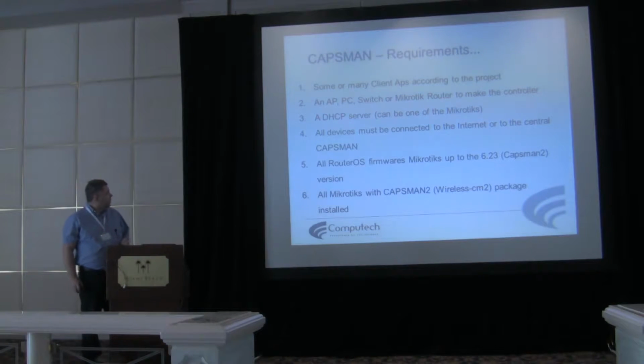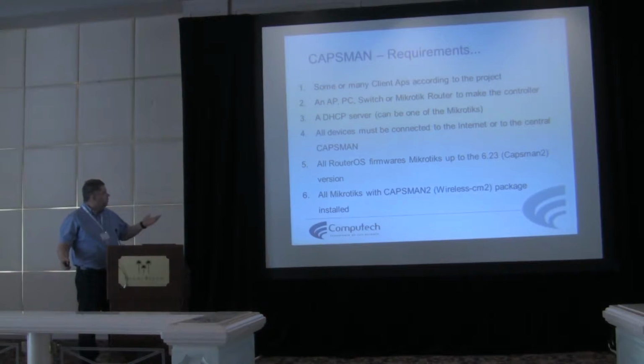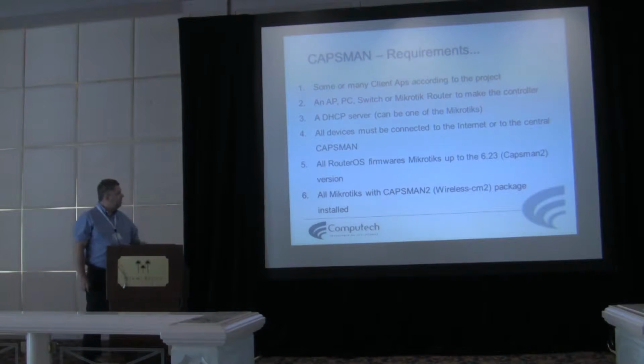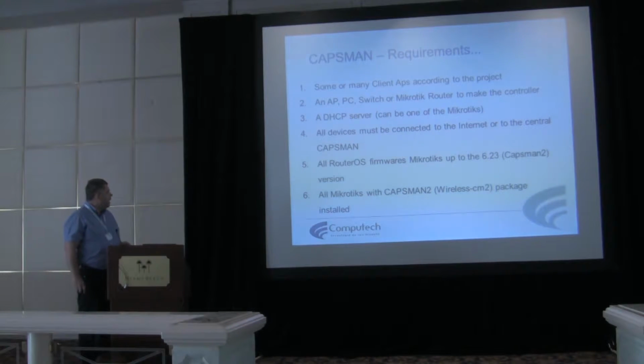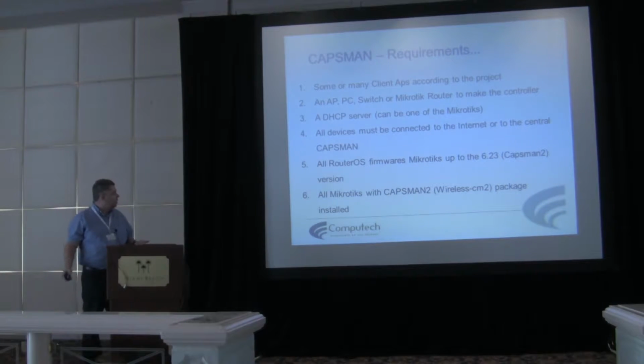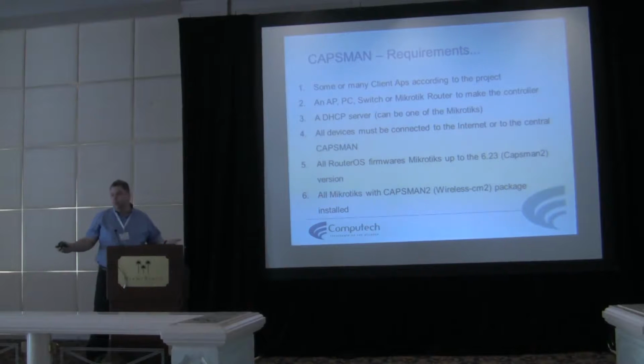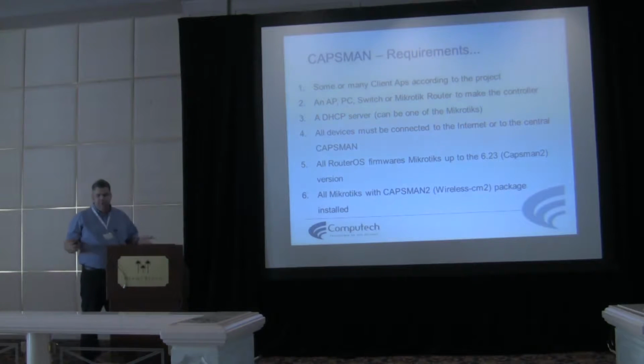Let's go through some requirements for the CAPSMAN network. We need, obviously, many APs that we're going to call CAPs in my presentation, according to the project. We have one of these devices, or a server, or a switch, or a Mikrotik router to make the CAPSMAN, to make the controller. A DHCP server, it can be one of these, but you need a DHCP server to provide the IPs.